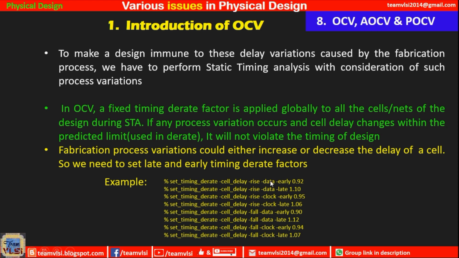Then is it data path or clock path? Then we have to mention early or late. For example, in the first the delay is early by 8%, and in the second example the rise delay is increased by 10% of the nominal delay.